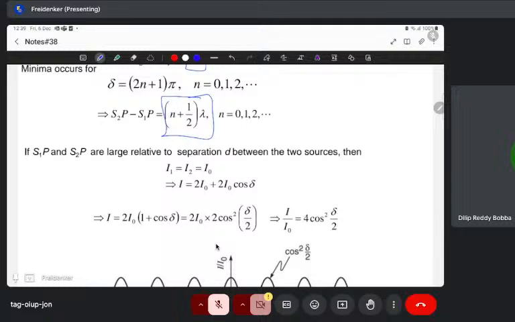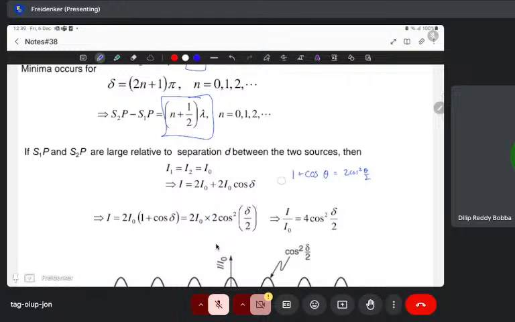And they're using the cos 2 theta formula, no? Cos 2 theta is how much? 2 cos square theta minus 1. Yes, so that is what they're using, fine. So cos theta will be, fine. So that is what they did.